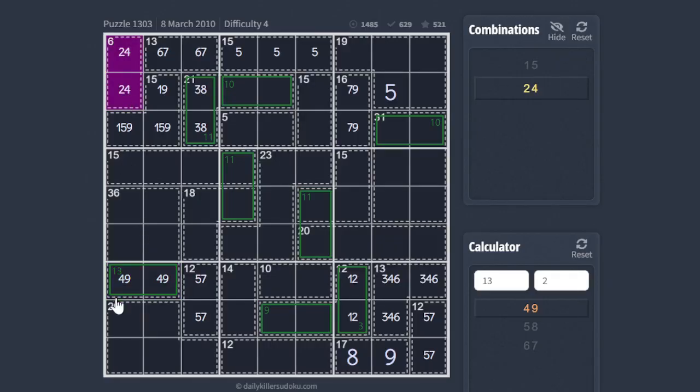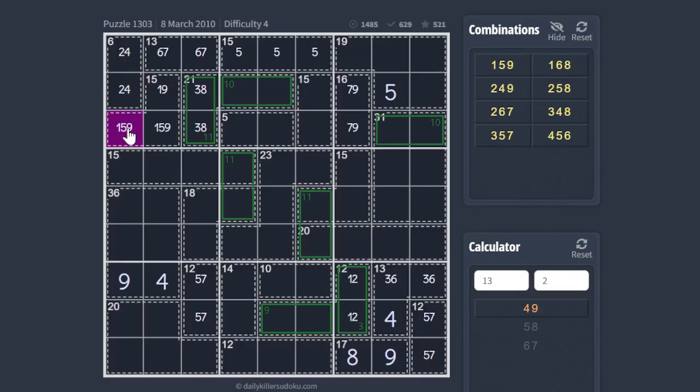And the 4 here sets that to 9 and this to 4. This 4 also forces the 4 down here and removes it from row 7 there in box number 9. We can also remove the 9 from box 1 in the 15 cage, row 3, column 1.